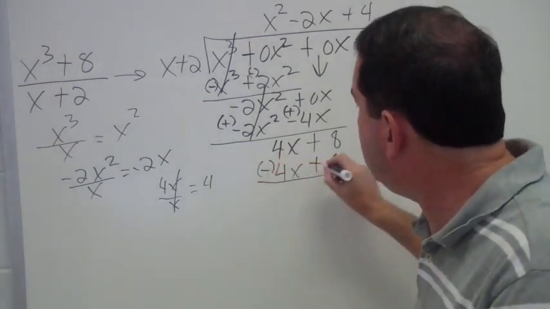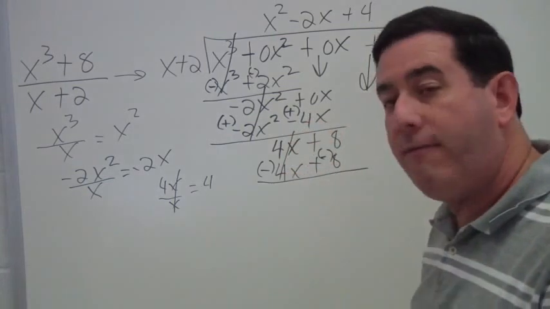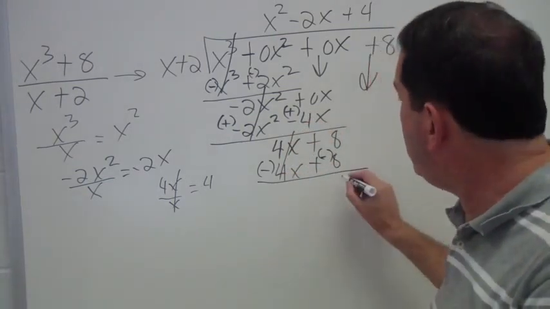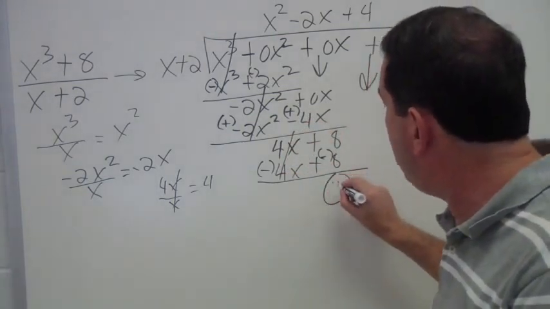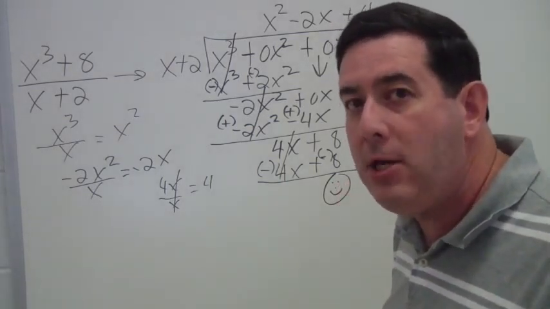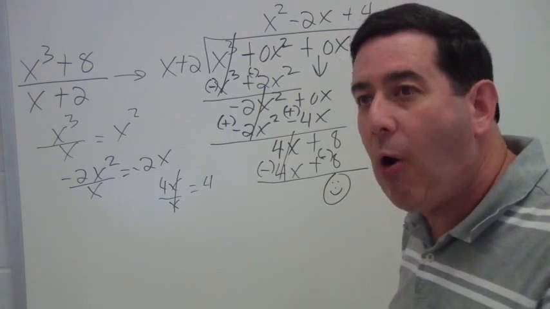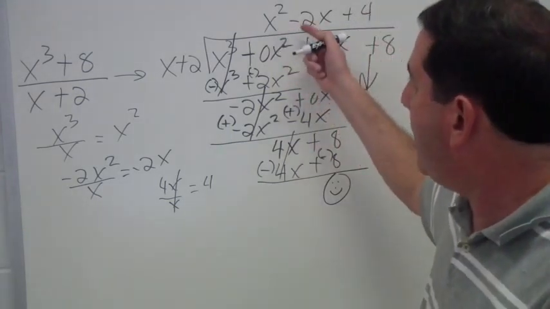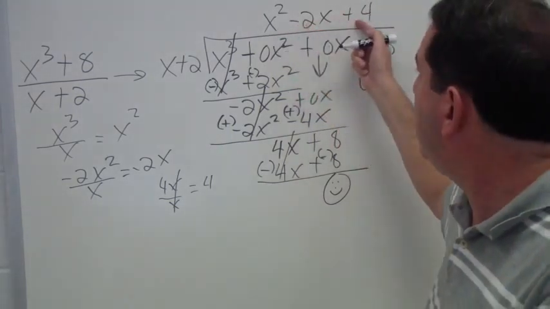Change the signs. If you've done it right, the first part goes away. And for this particular problem, there was no remainder. So this time, with no remainder, our quotient, our answer, is x squared minus 2x plus 4.